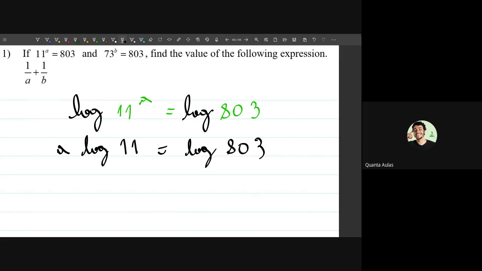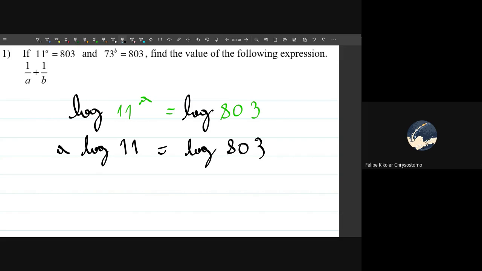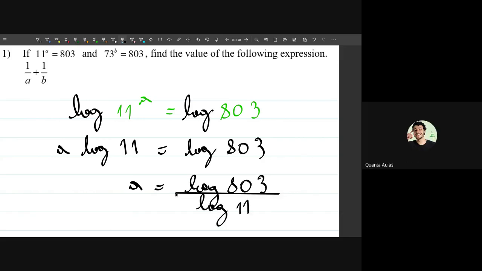Pay attention. This is a number, and this is a number too. They're not variables, unknowns, right? So we know the value. The value is log 803 over log 11. Probably in our mathematics here, we will simplify things and we know the value without logs.